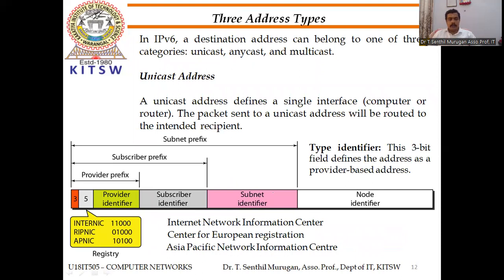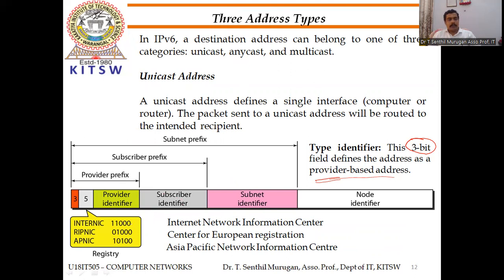So this is the entire representation. First 3 bits represent the provider prefix, especially that is the type identifier. It defines the provider based address. Okay. So that is the type identifier. The next one is 5 bits. Those 5 bits represent the network information center details.